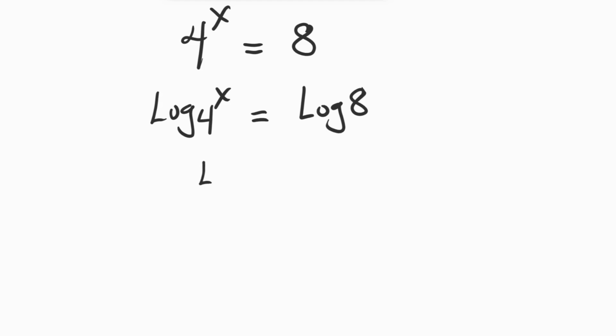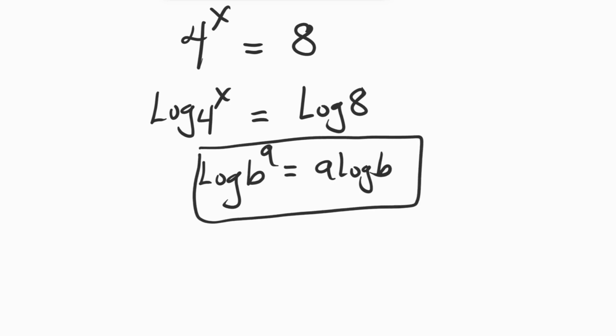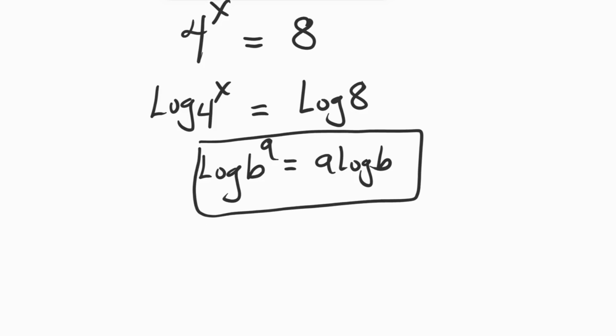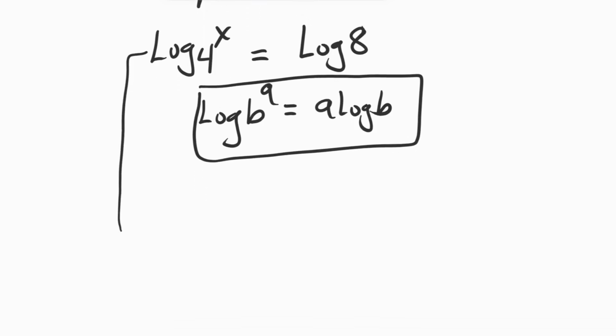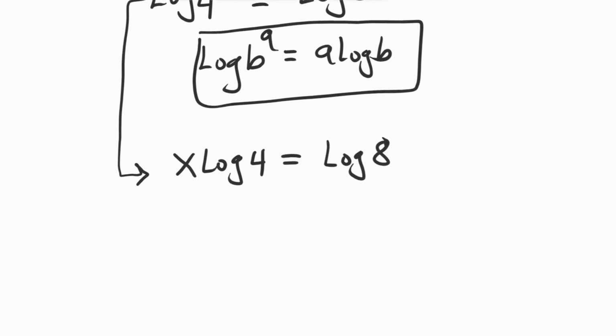And from the log rule, we know that log of b raised to the power a is equal to a log b. Okay, so now our left hand side becomes x log 4 equals log of 8.